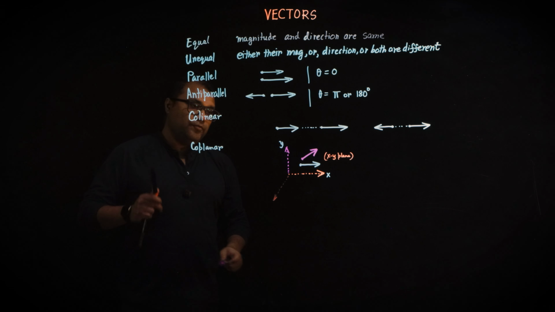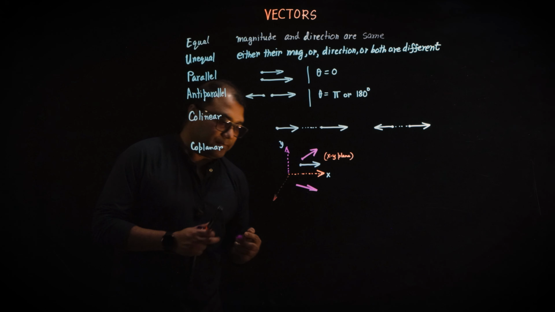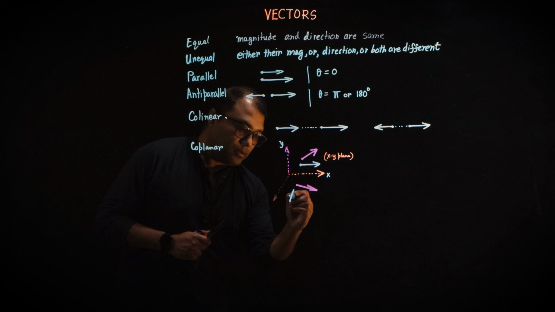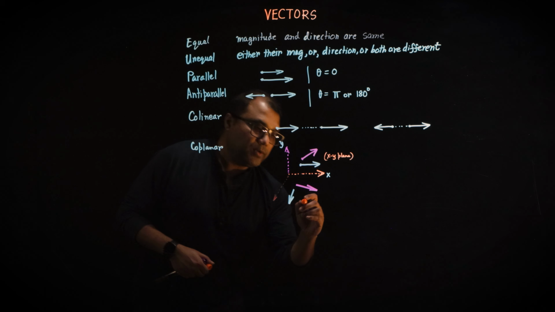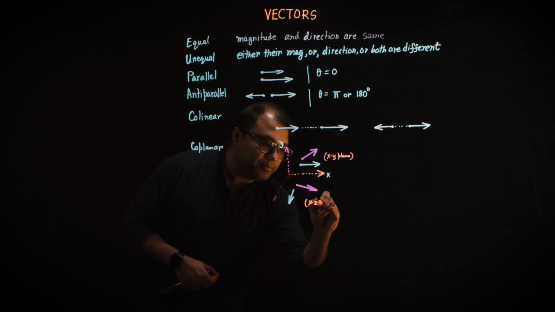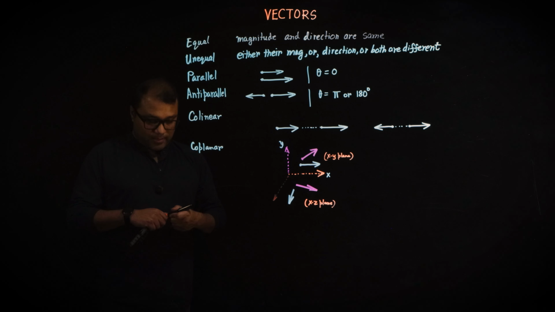Similarly, we can have two vectors which are in the xz plane. So these two we can say are coplanar because they are in the xz plane. But think about something.